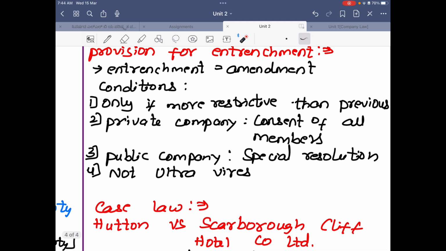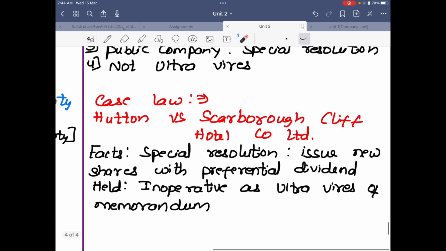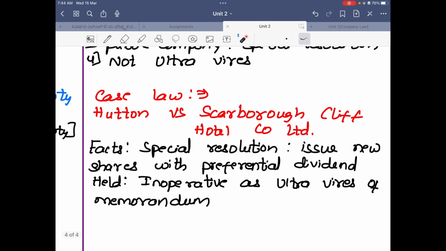The amendment should not be ultra vires of the memorandum of association. It should comply with all the rules of the memorandum of association. It should not go ultra vires. Case law: Hutton vs. Scarborough Cliff Hotel Co. Limited.